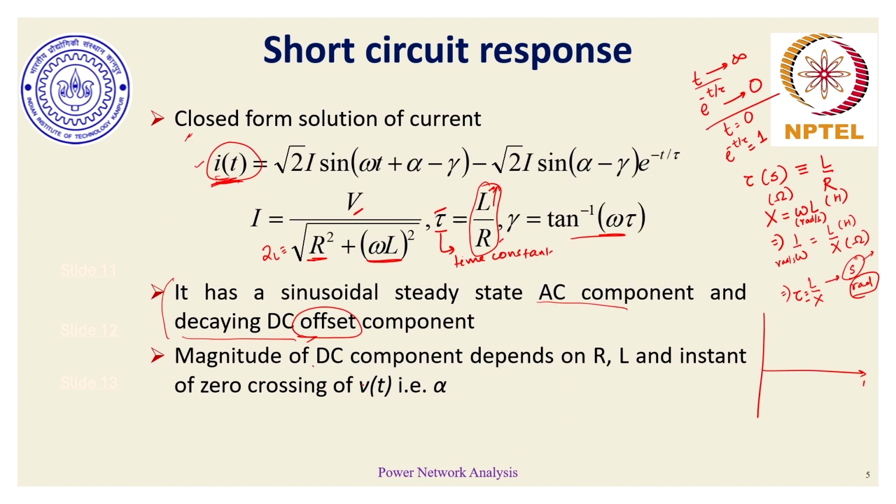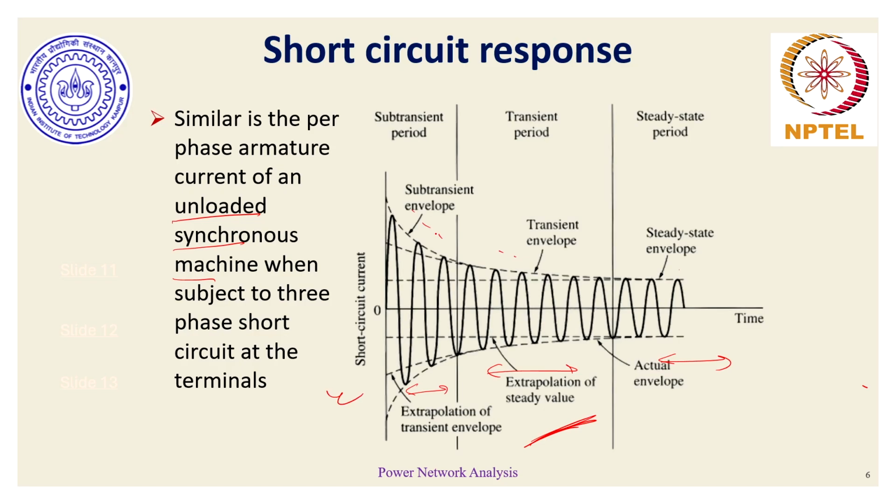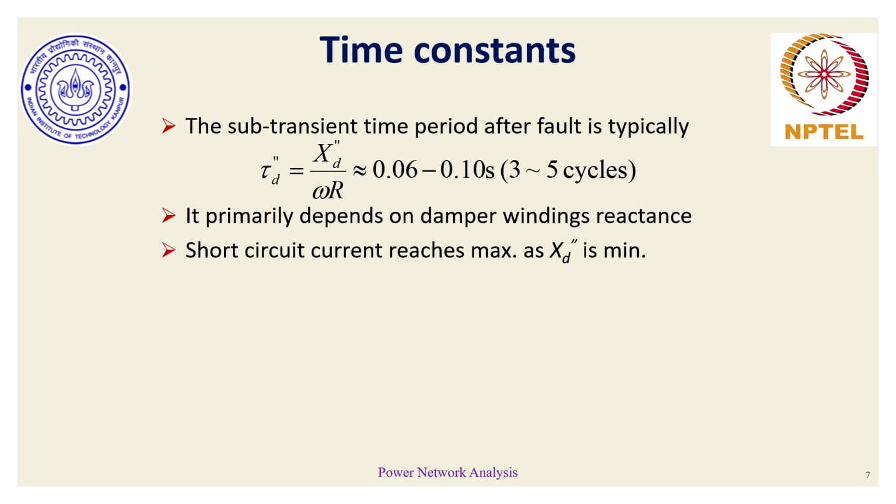that we discussed, the tau being the time constant term sitting over here. So what is the time constant tau that appears in the subtransient, transient and steady state periods? In the subtransient period, the time constant, which is on the order of a few cycles, depends on the Xd double dash value. And since in the subtransient period not much of the stator flux links with the rotor winding, and more of it gets linked with the damper winding, Xd double dash is primarily affected by the damper winding reactance.